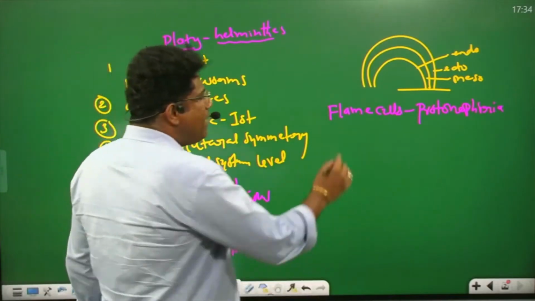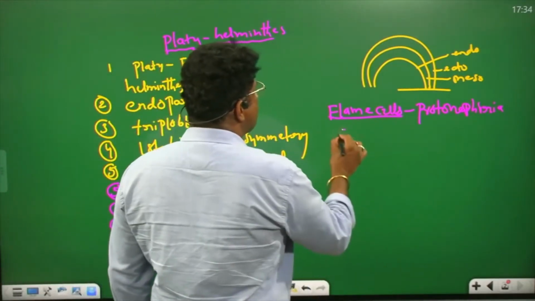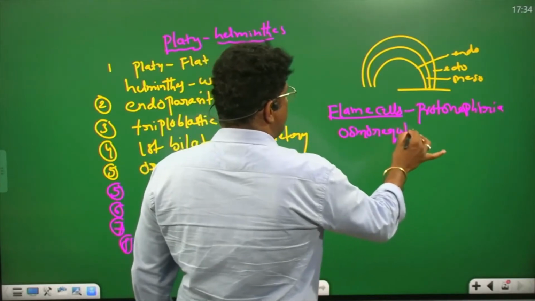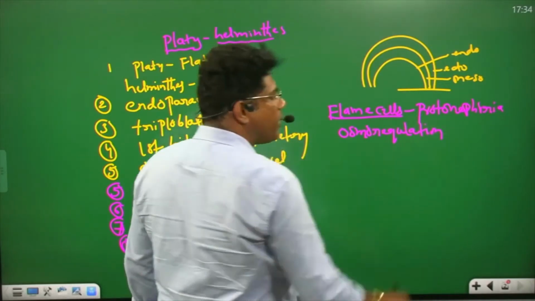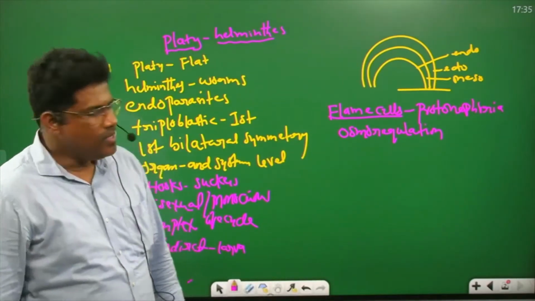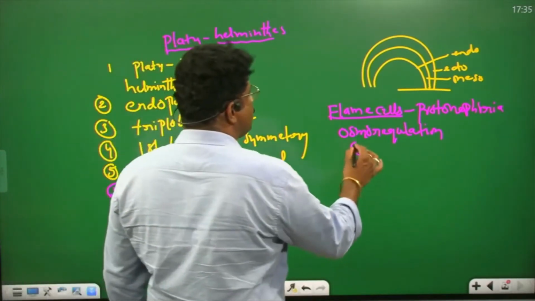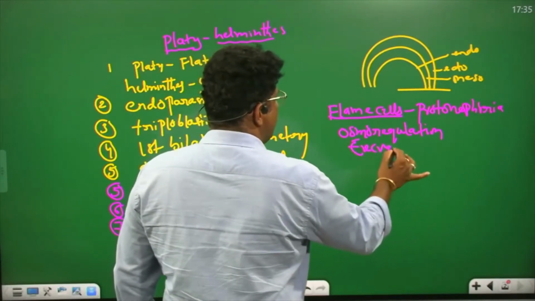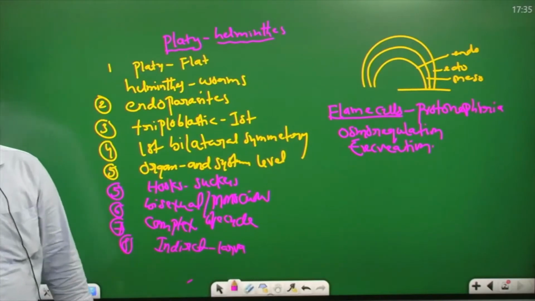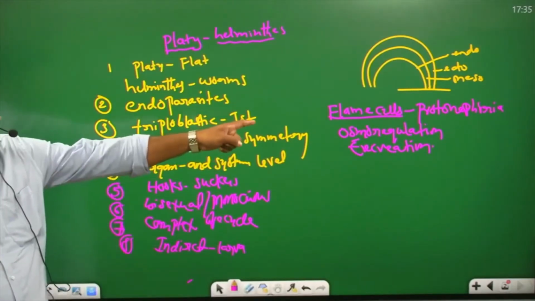The flame cells' primary function is osmoregulation. What is the meaning of osmoregulation? Balancing the body fluids' concentration. Secondary function is excretion. Okay, that is the main point.